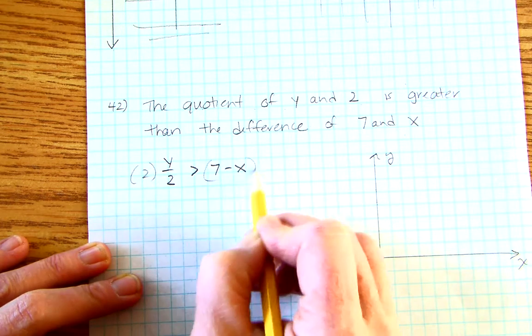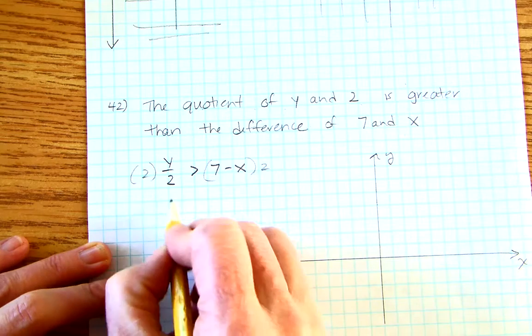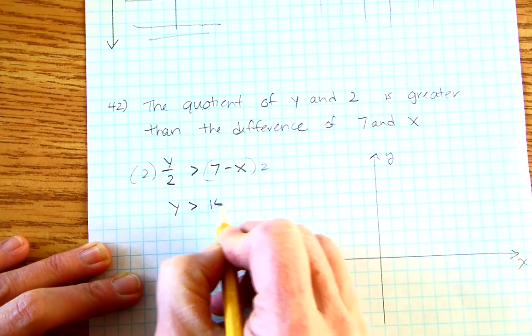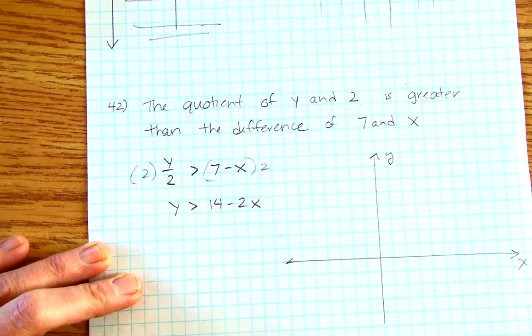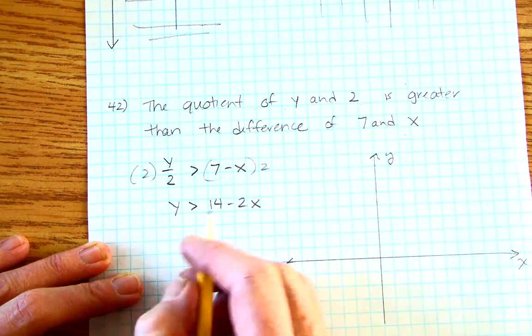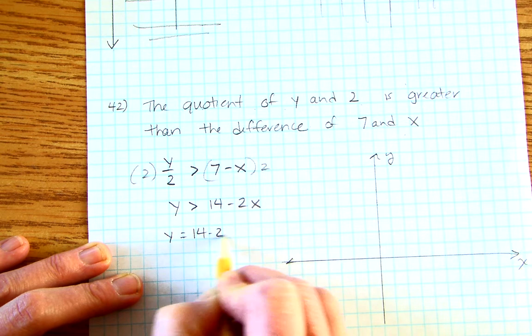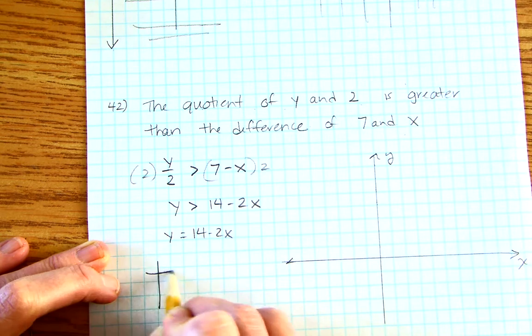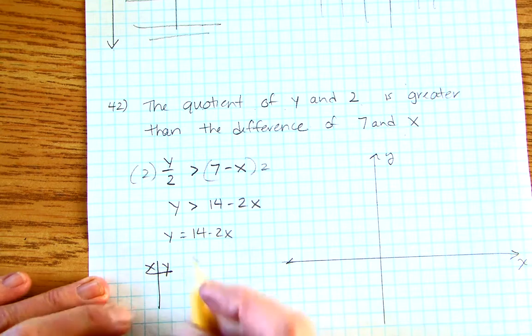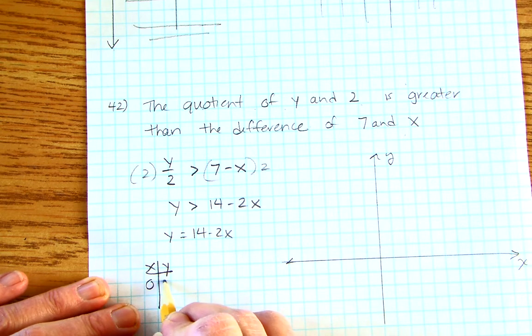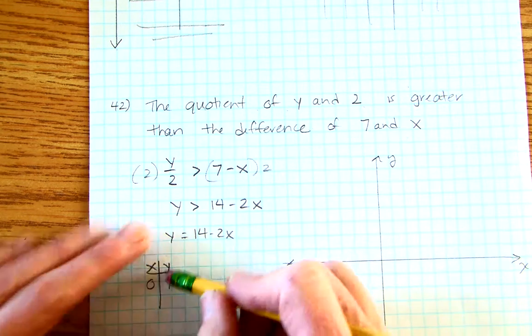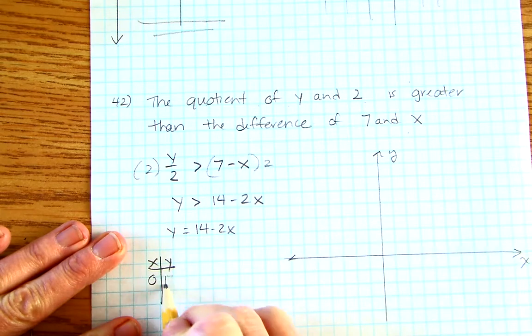The division: y divided by 2 is greater than something. First get y by itself. I'm going to multiply both sides by 2. And then I'm going to change it to an equation.